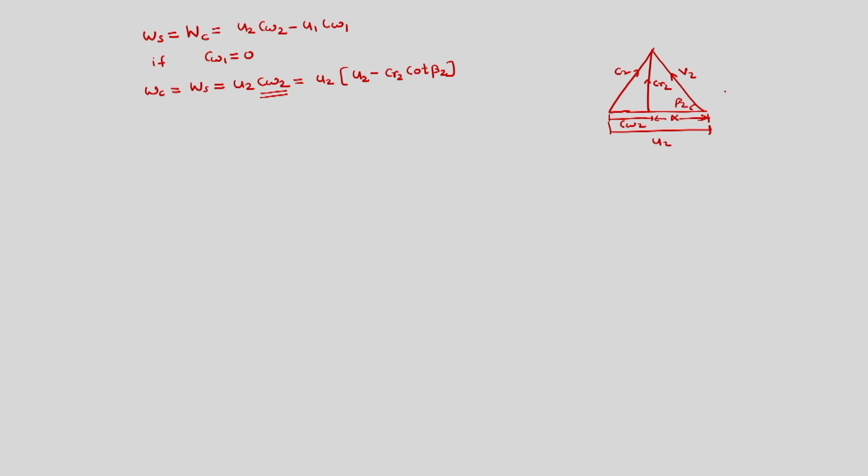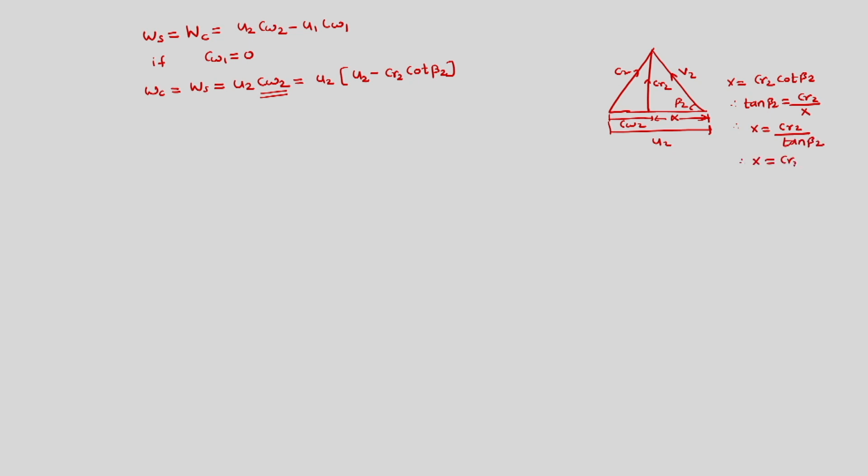So X is equal to CR2 cot beta 2, since we know tan beta 2 is equal to CR2 upon X, and this gives us X is equal to CR2 upon tan beta 2.